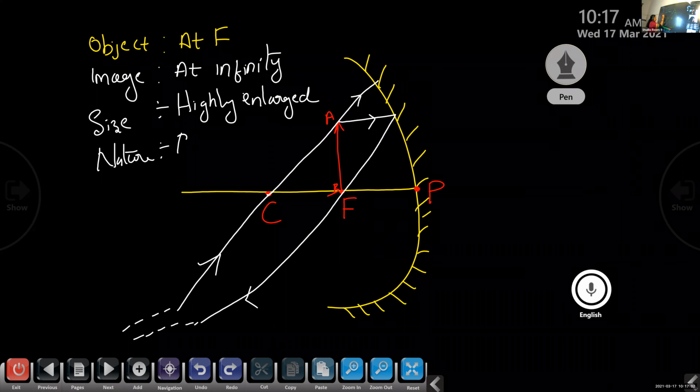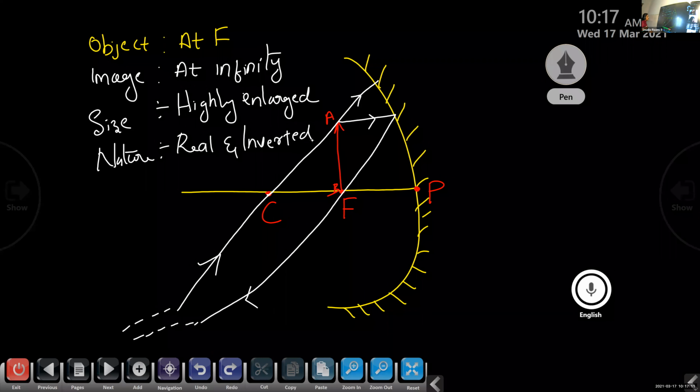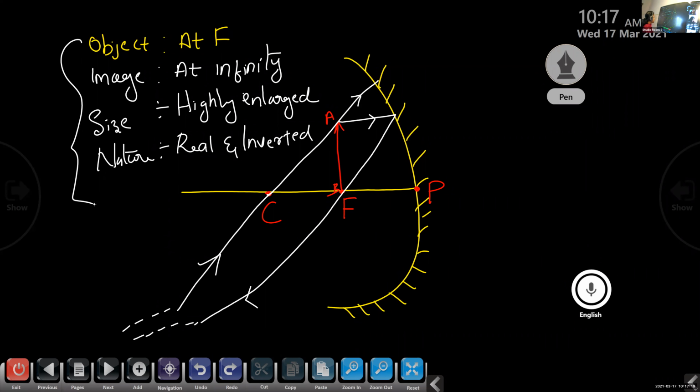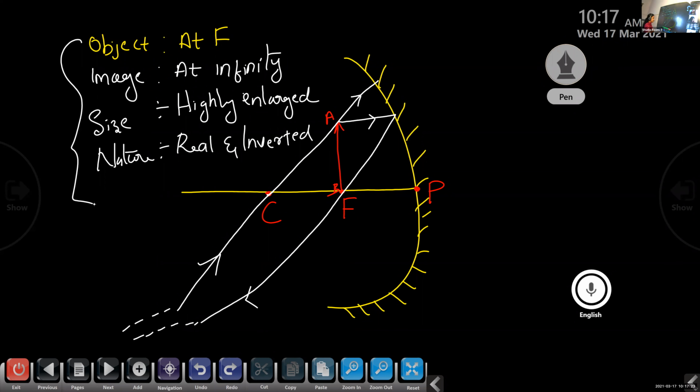It is real and inverted. So these are the characteristics of the image formed when the object is placed at F: the image is formed at infinity, the size is highly enlarged, and the nature is real and inverted.